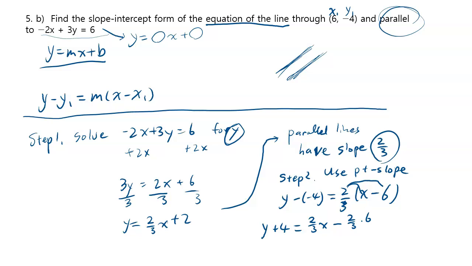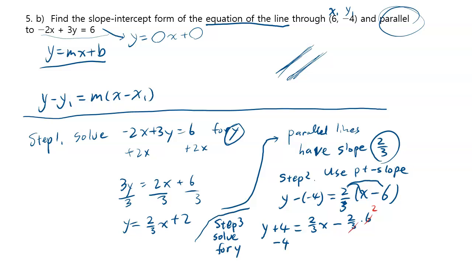Well, 3 and 6 cancel, because 6 divided by 3 gives you 2, right? 2 times 2 is 4. So we have 2/3 x minus 4 as the right side, and then you want to isolate y. If you solve for y, that's your slope-intercept form. So step 3, solve for y.